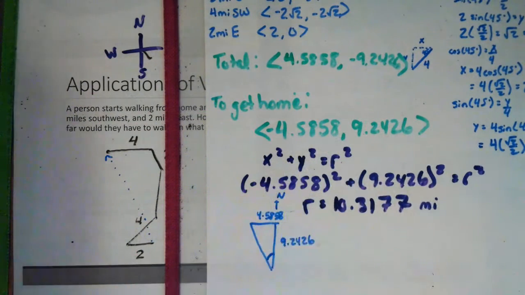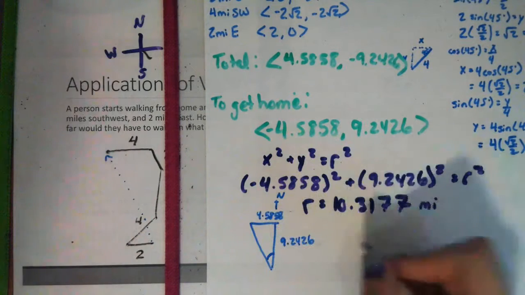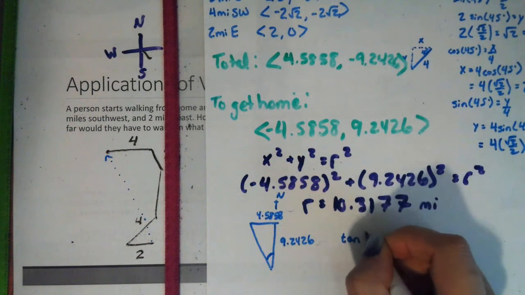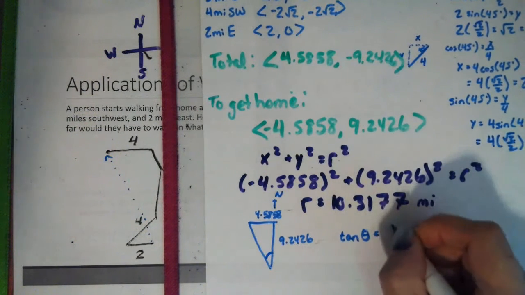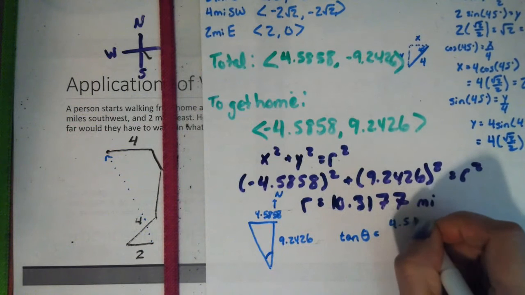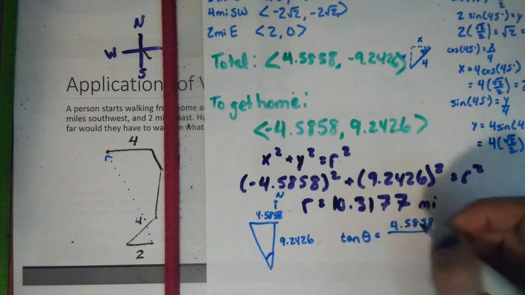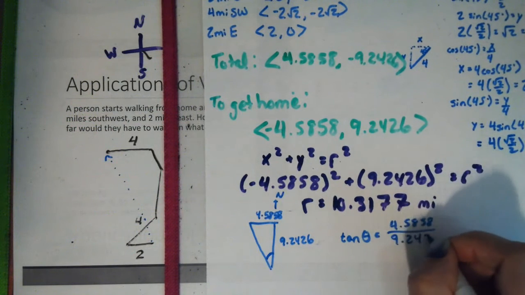If I find this angle, that should help me solve it. I know the opposite and the adjacent. So the tangent of my angle that I'll call theta is equal to 4.5858 over 9.2426.